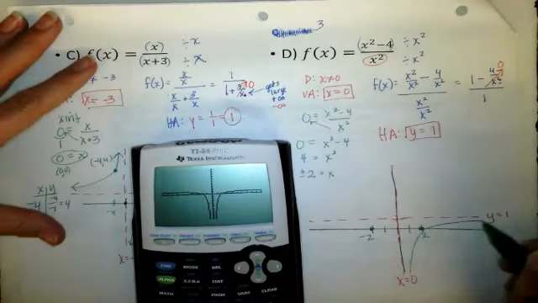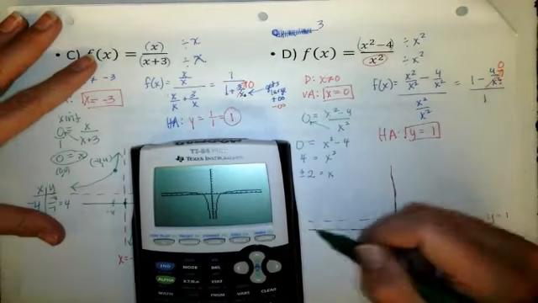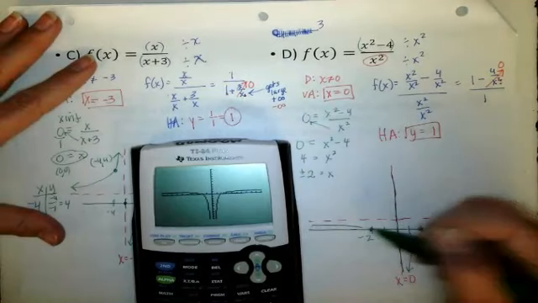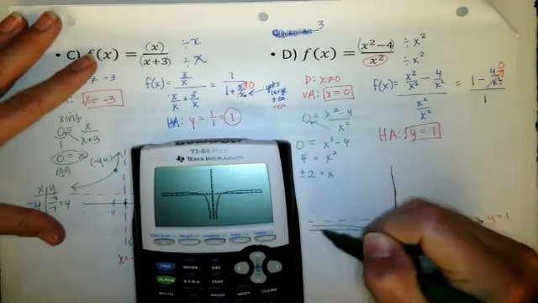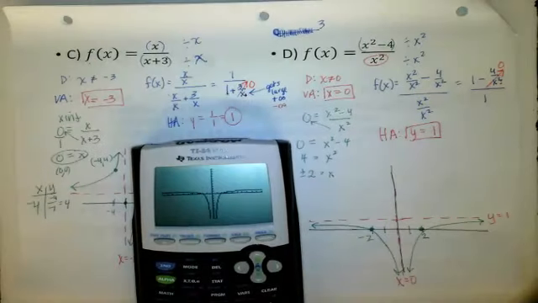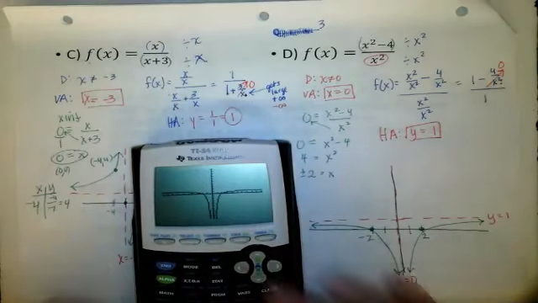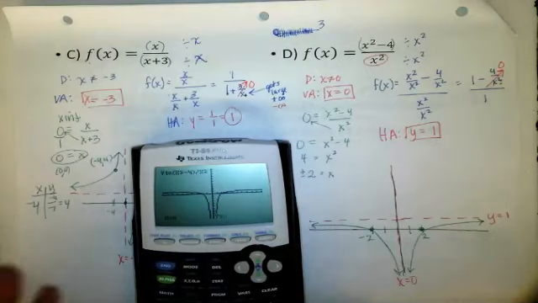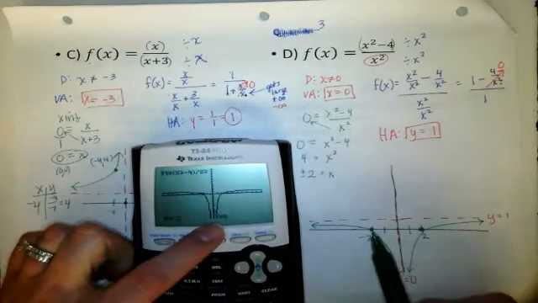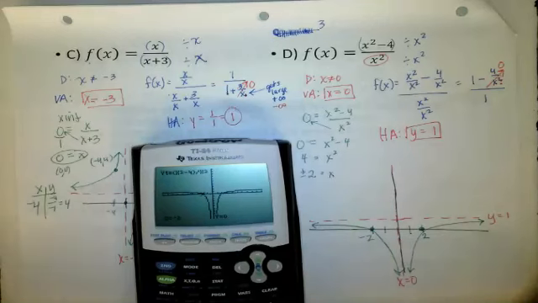We have these L shapes, and they're just sort of approaching those asymptotes. Kind of interesting. And again, you can use trace and type in 2, and you can see that it's (2, 0), and -2, and again, you get another 0 there. And all these just get close to 1, which is kind of interesting.